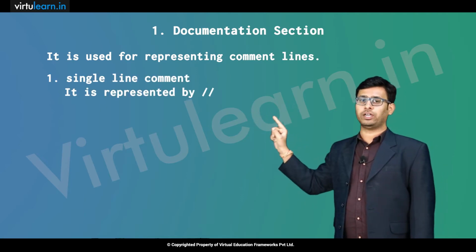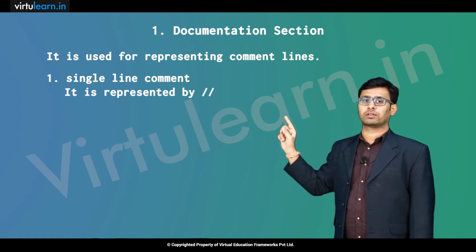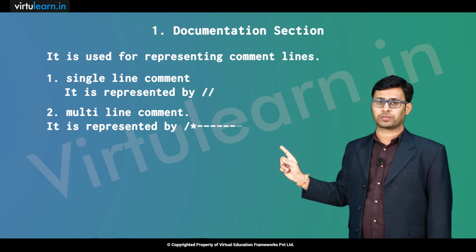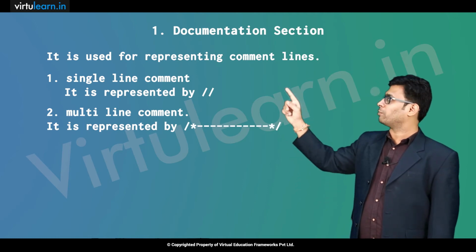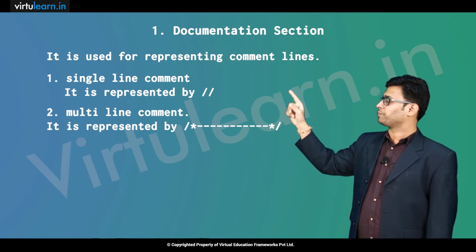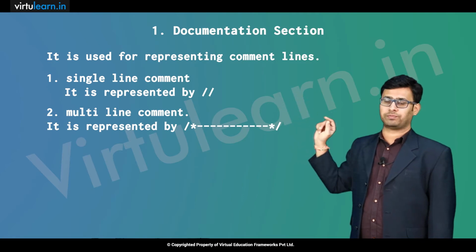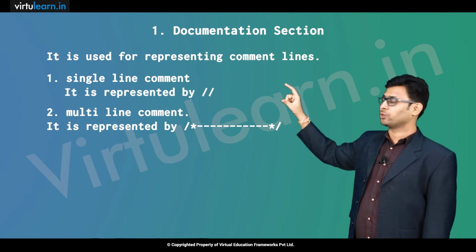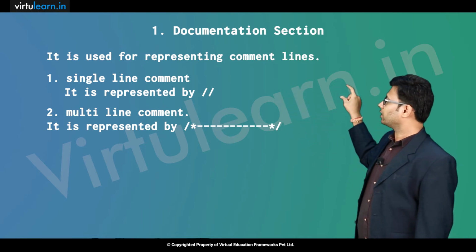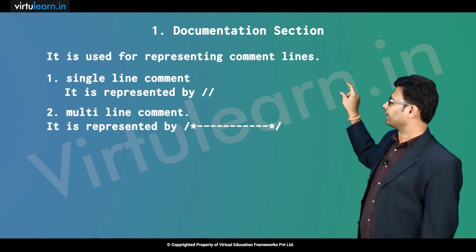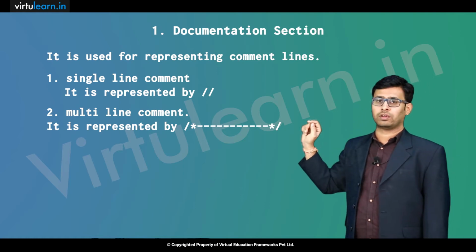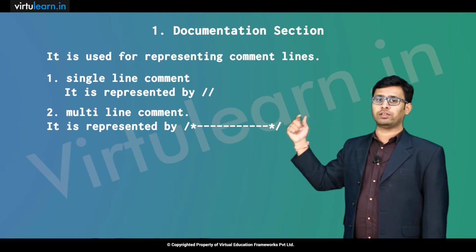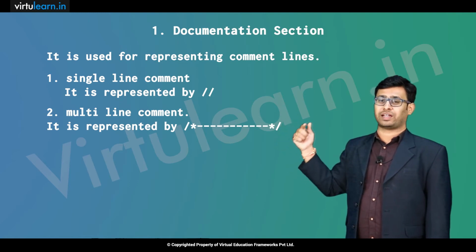If you want to use multiple lines, then the second way to represent comment lines is slash followed by star, followed by whatever content you want to write, which may be in multiple lines, and then you need to close it with star and slash. So this is how you write the multi-line comment, right?